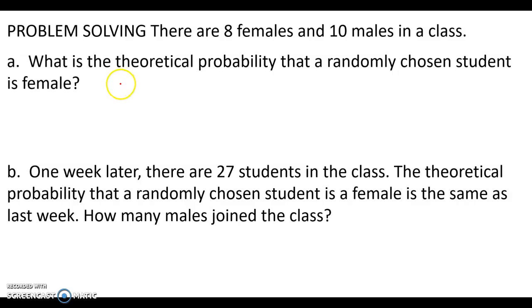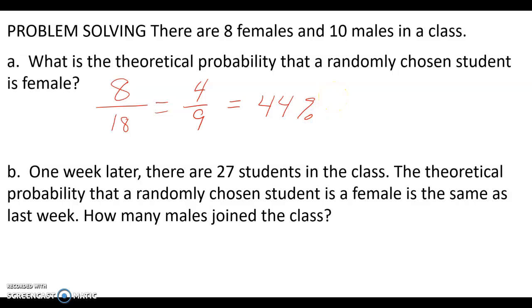So there are 8 female students out of how many total? 8 plus 10 is 18. So that's 8 out of 18, which would simplify to 4 out of 9. And as a percent, 0.444 repeating, that's about 44%, if you round to the nearest percent.